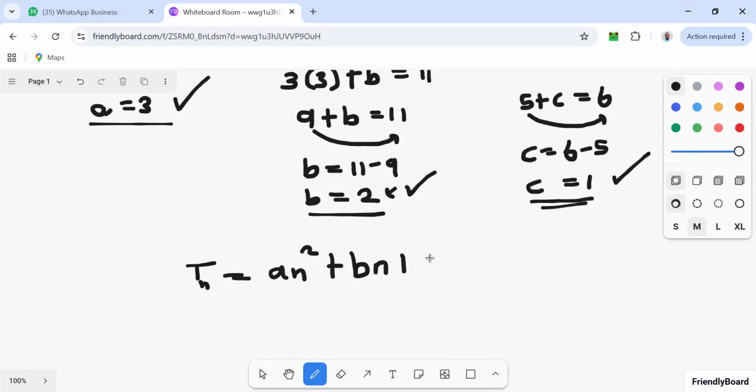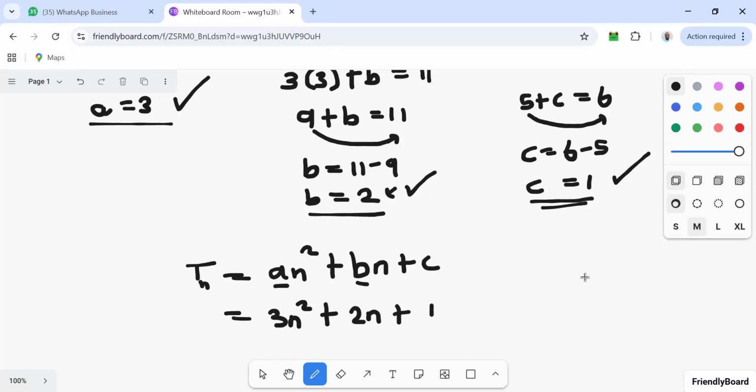So I'm going to substitute the values of a, b, and c into this general term form. Where there's a, I'll put 3, so this will be 3n squared plus, where there is b, I'm going to put 2, so 2n, plus where there is c, I'm going to put 1.